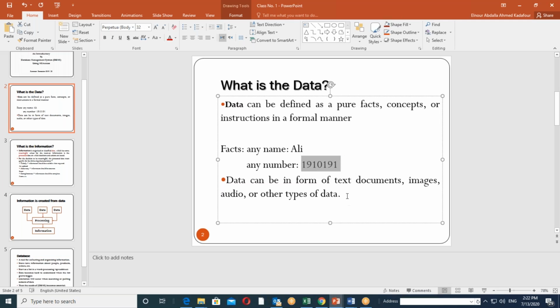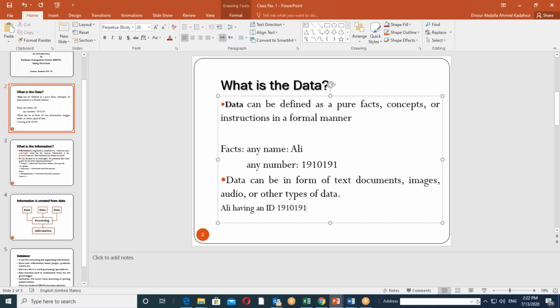In other words, how can I make this name and this number into information? If I say Ali having an ID number 1910191, now this is information.